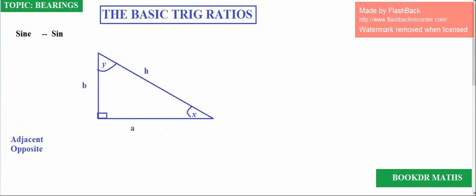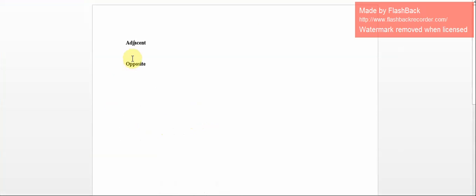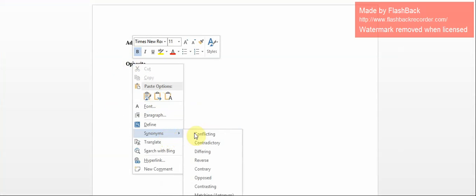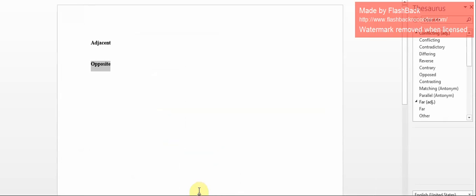Let's look at the meaning of opposite. The synonyms of opposite: conflicting, contradicting, different, reverse, contrary, oppose, matching. Let's look at others.